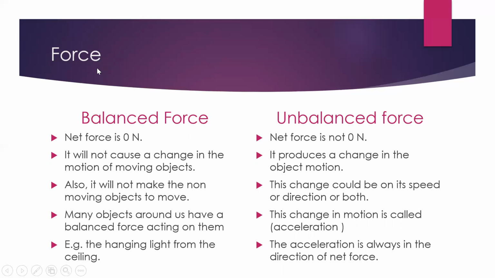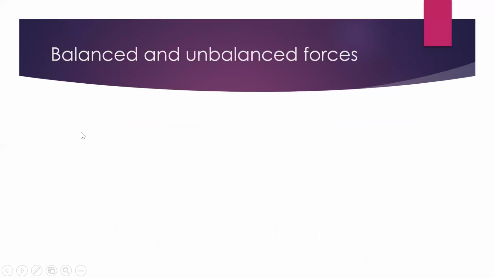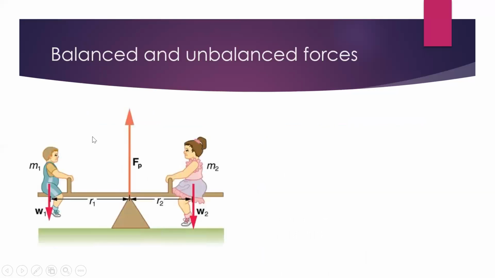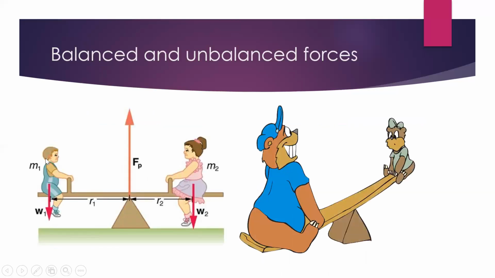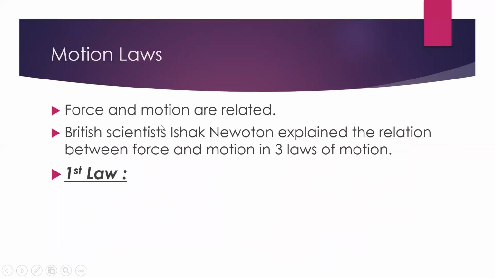So now we know the difference between balanced forces and unbalanced forces. Balanced and unbalanced forces, example: here is the balanced one, 0 Newton, because the first force equals the second one. Here, unbalanced force.